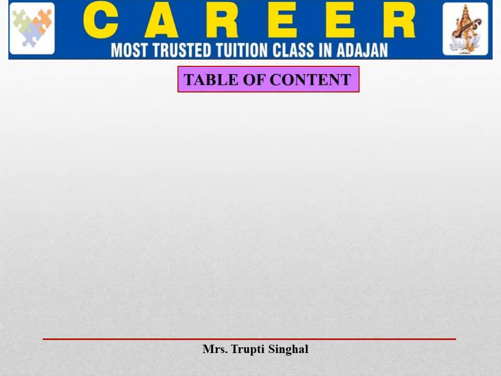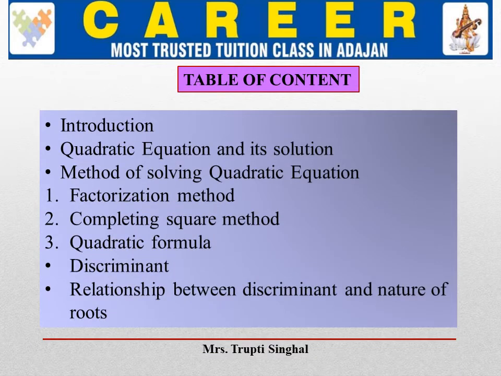In this video, we see the general introduction of quadratic equations: what is a quadratic equation and exactly its general formula. Second point, the quadratic equation and its solution. Third, the methods of solving quadratic equations.